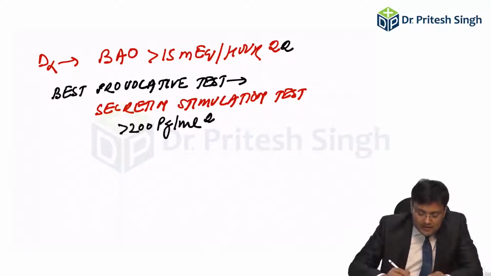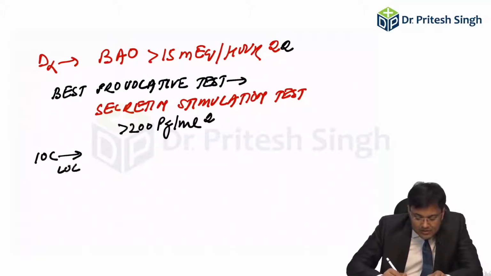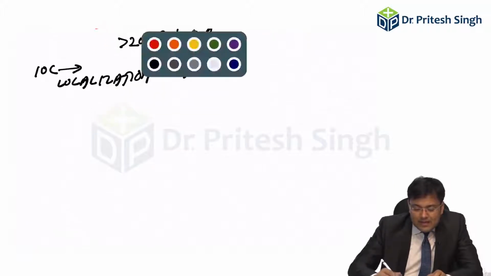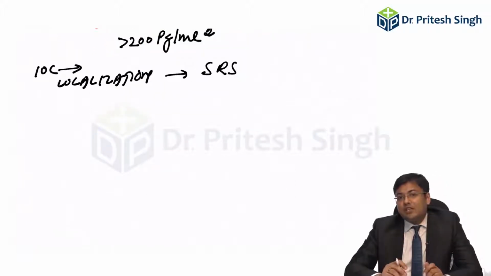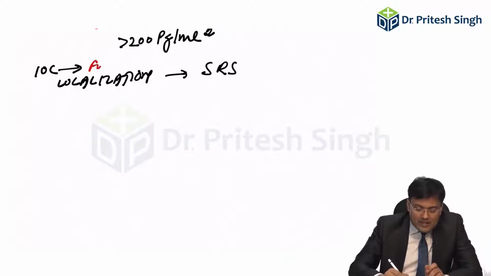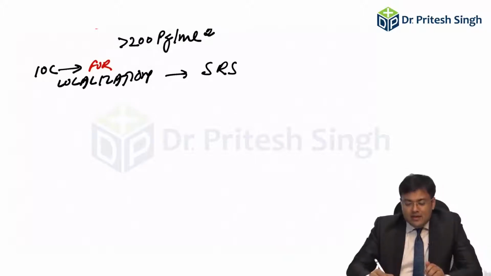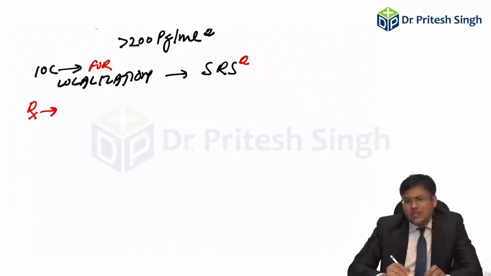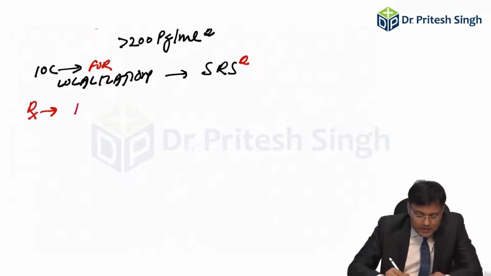Since diagnosis is done, the investigation of choice for localization is SRS, that is somatostatin receptor scintigraphy. Now coming to the treatment. One question is asked in medicine: what is the drug of choice in gastrinoma?